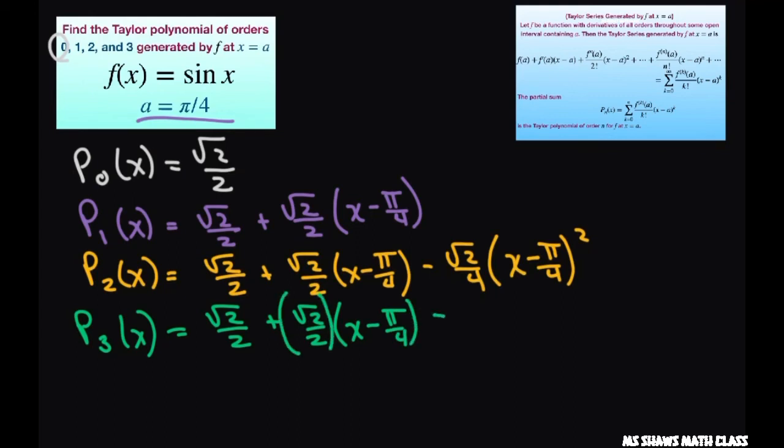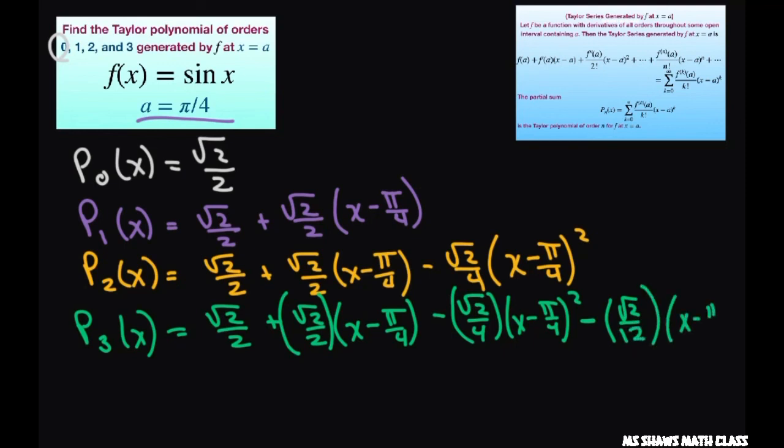And then minus square root of 2 divided by 4 times x minus pi over 4, squared. And then we had another negative. So this could be minus negative square root of 2 divided by 12, times x minus pi divided by 4 cubed. And that would be it.